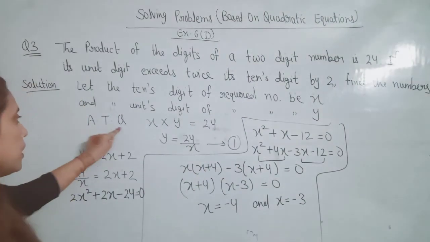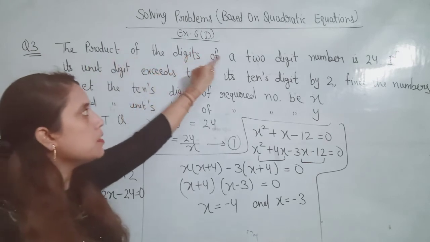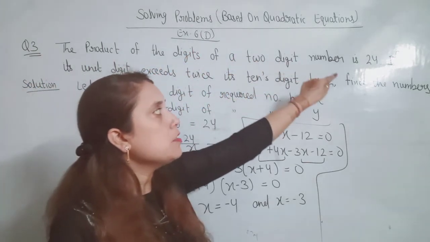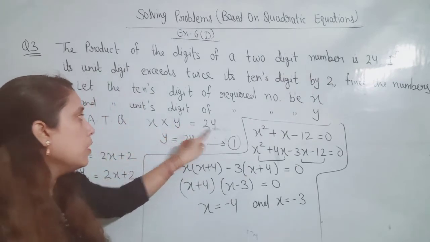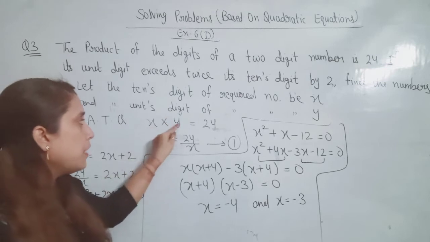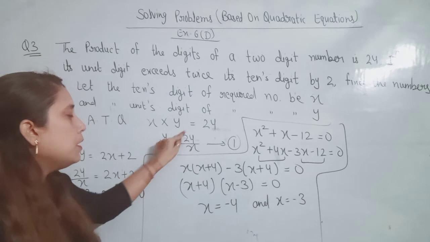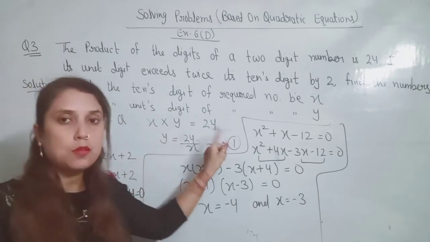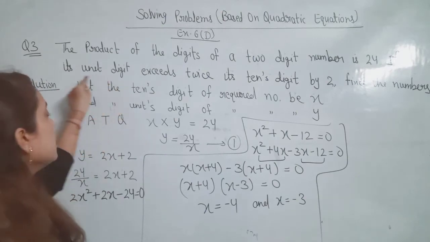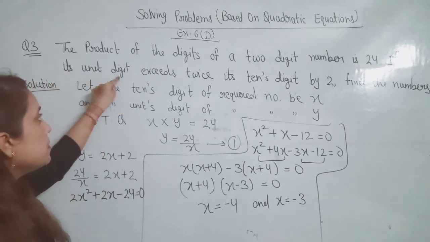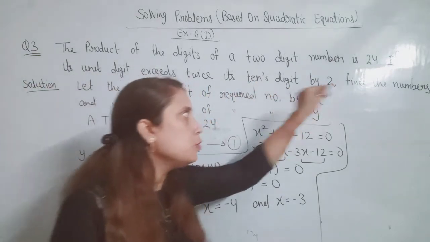Now according to the question, the product of the digits of the 2-digit number is 24. So x into y is equal to 24. We find the value of y in terms of x, so it will be 24 upon x. Let this be equation first. Now it is given that its unit digit exceeds twice its tens digit by 2.